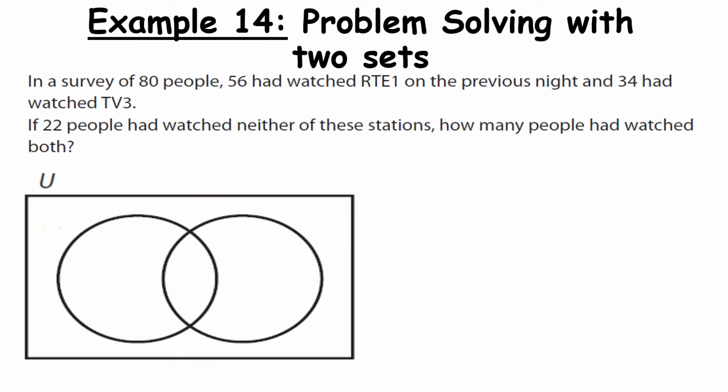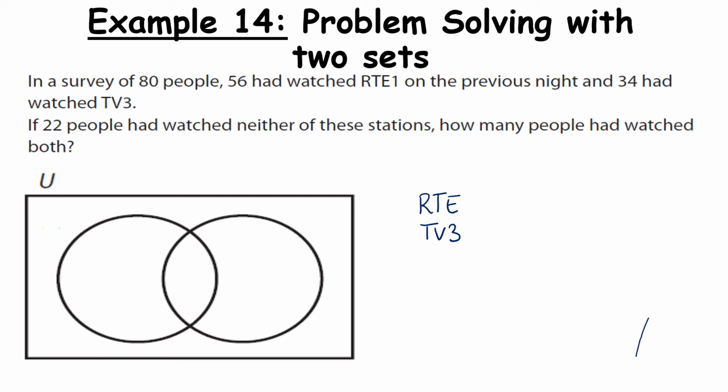So example 14 then, here's another version. In a survey of 80 people, 56 watched RTE on the previous night, 34 had watched TV3. Okay, if 22 people watched neither of these stations, how many people watched both? Okay, so the first thing we're going to do is look at the fact we have RTE and TV3.